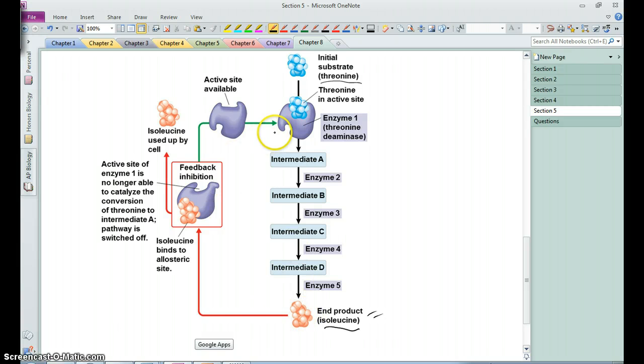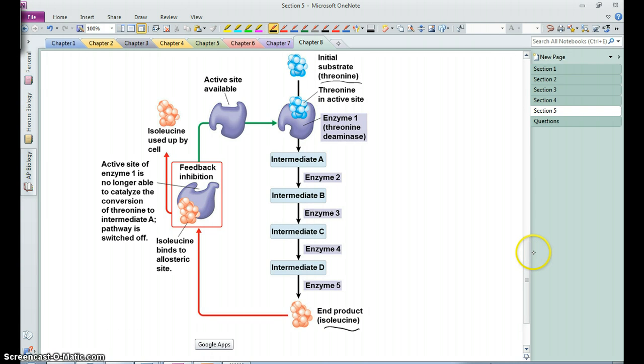It will block the action of this enzyme, essentially slowing down or even stopping this pathway. Now, when later you're short of isoleucine, there's not much of it around, this feedback inhibition decreases and the pathway is carried out.